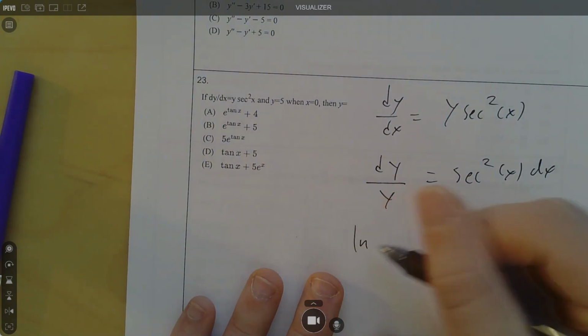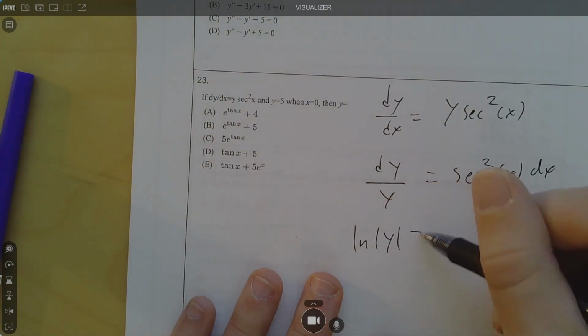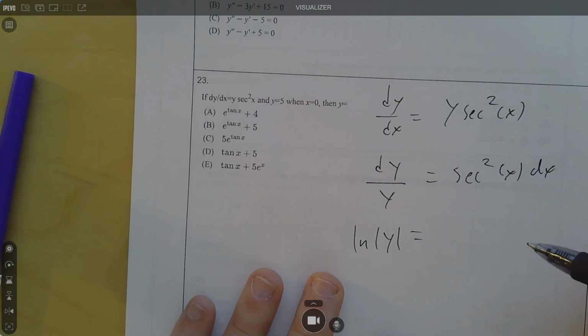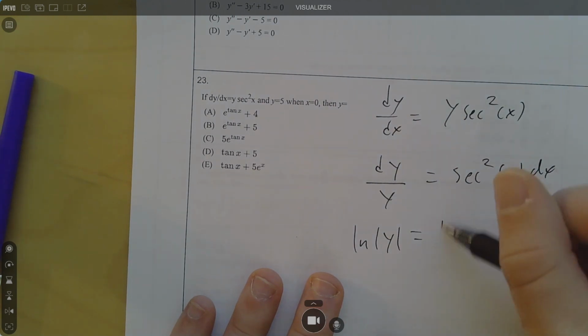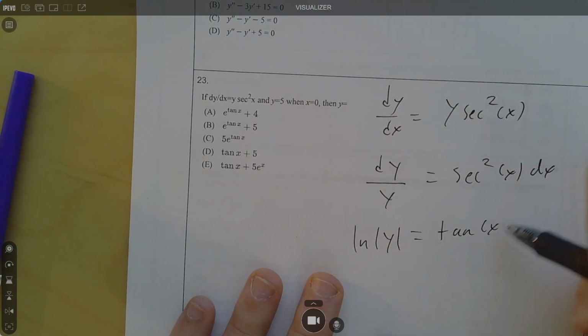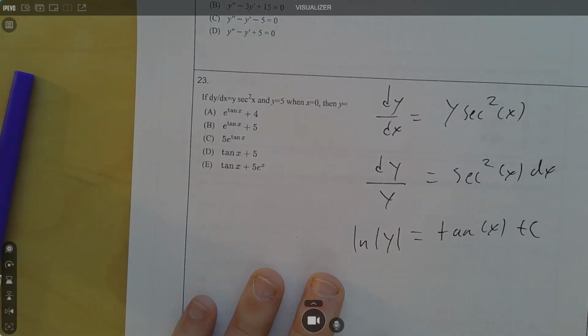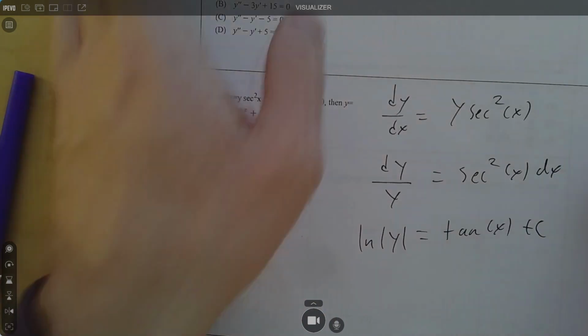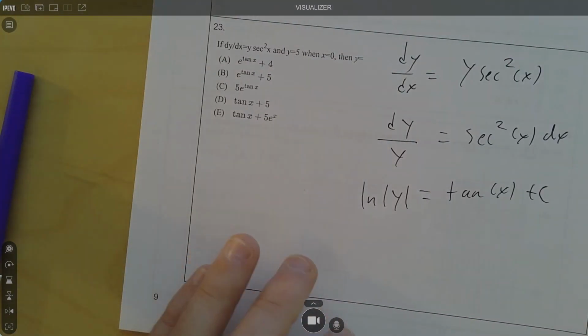We're going to get ln y equals tan x plus c. Alright, I'm going to do this the way Delta does it.